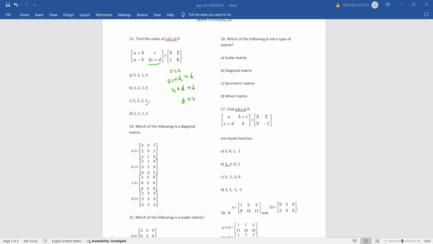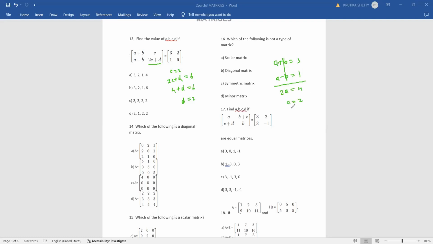So again, we need to find the remaining also. For the remaining elements, A plus B is equal to 3, and next we have A minus B is equal to 1. Plus B and minus B will cancel in these simultaneous equations. So 2A will be equal to 3 plus 1, which is 4.